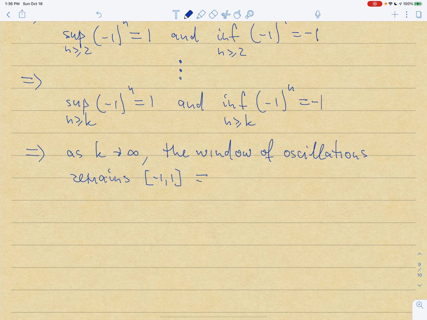Right, and therefore, because the sequence continues to oscillate between minus 1 and 1 forever, that means that the sequence does not converge as n goes to infinity.